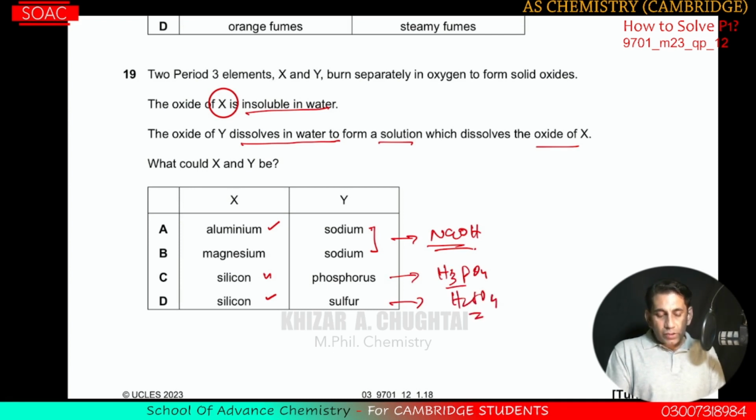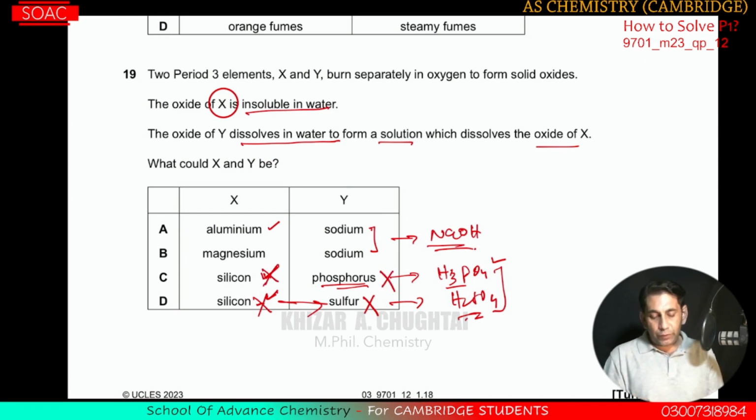Silicon oxide is also an acidic oxide, so silicon oxide cannot be dissolved in H2SO4 or H3PO4, because they are both acids basically. Aluminium oxide may be dissolved into sodium hydroxide. Yes, it is true, because aluminium oxide is an amphoteric species. So A is the correct option.